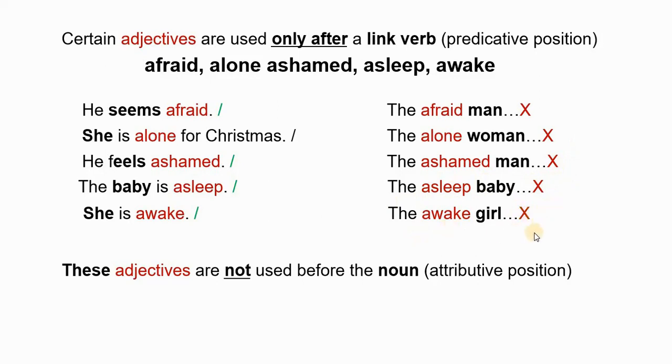So for example here, we can't say the afraid man. But if you really wanna use an adjective before a noun with this meaning, then we have to use a different adjective. Example, here we could say, for example guys, the scared man, and that's okay.